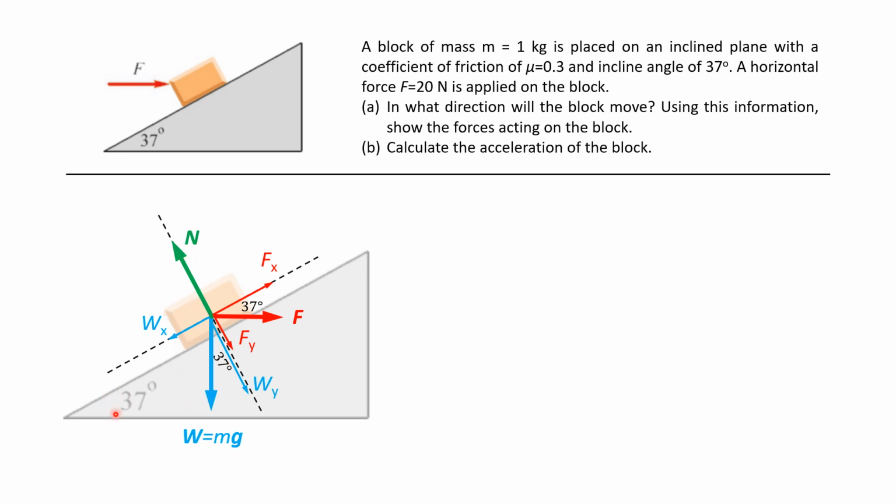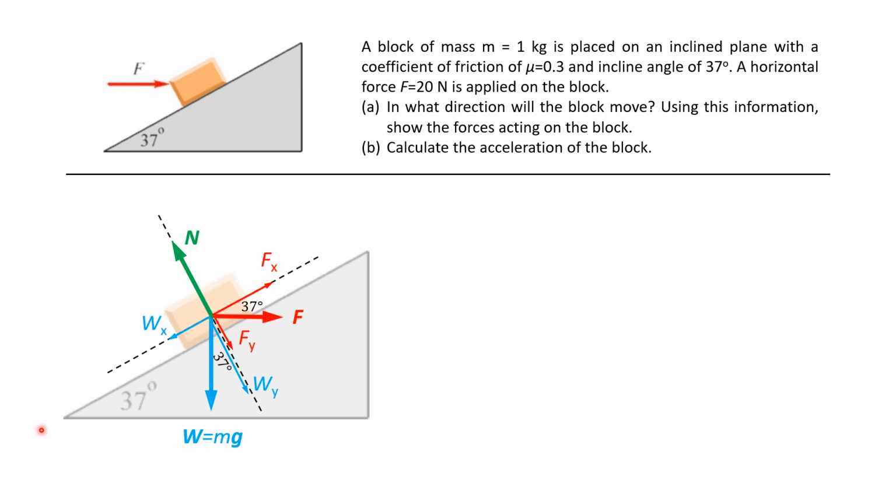We are given that this angle is 37. If this angle is 37, you can see that this other angle is going to be 90 minus 37 because this is perpendicular to the flat surface. Since this angle is 90 degrees, this has to be 37 degrees.